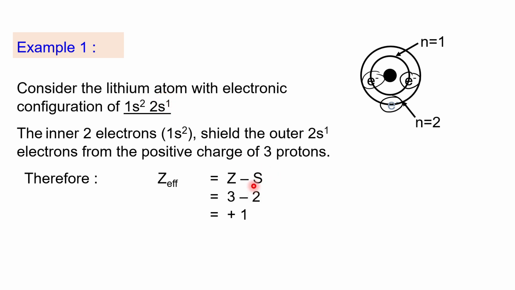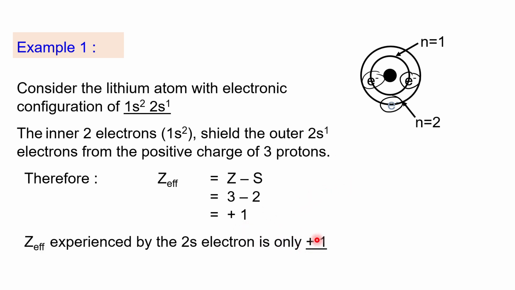The 2 refers to the inner electrons from n equals 1. So 3 minus 2 equals positive 1. Meaning the attraction is positive 1. This attraction refers to the nucleus attraction toward the valence electron. The outermost electron experiences a nucleus attraction of positive 1.